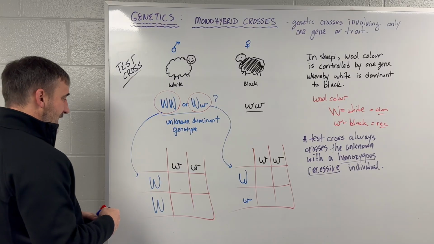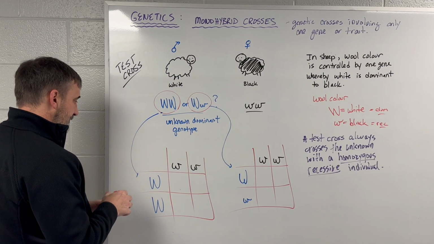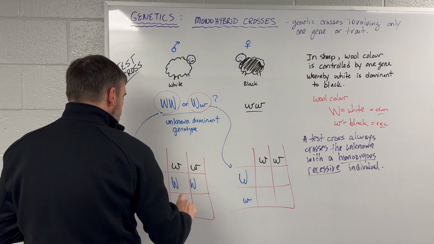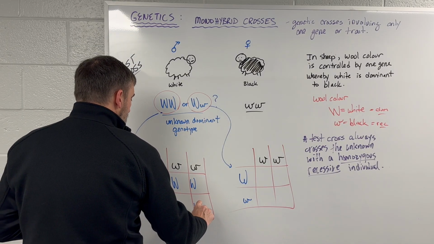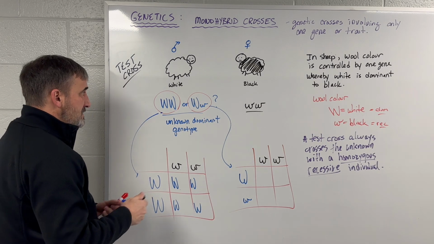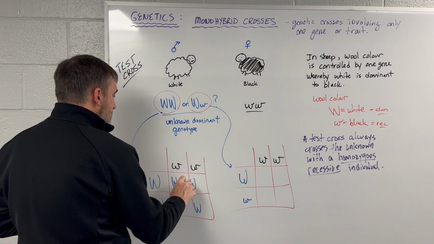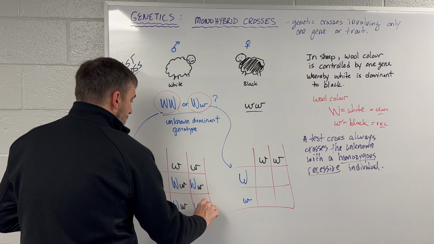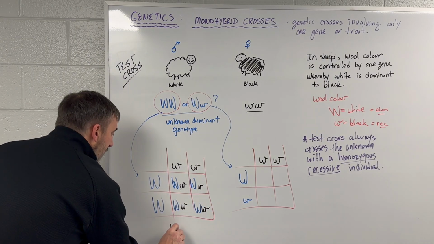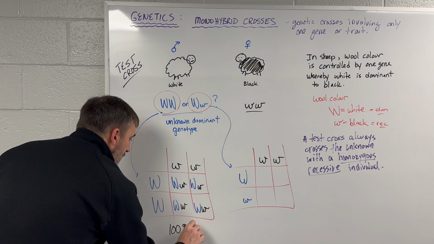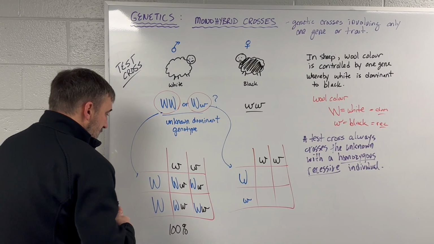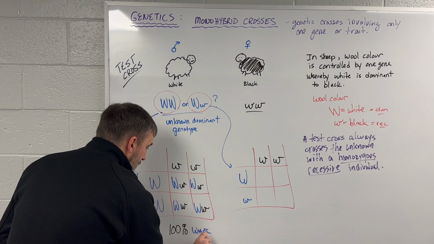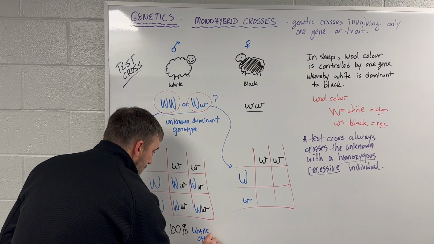So what we're going to get out of here is, you can see, big W from dad donated to each kid. And because mom can only donate the recessive black allele, then we would get 100% white babies, white offspring.